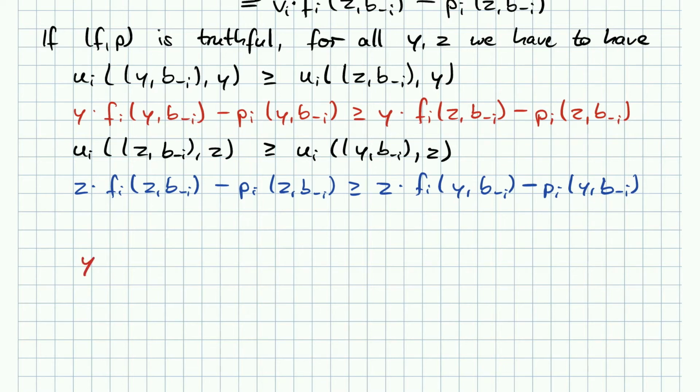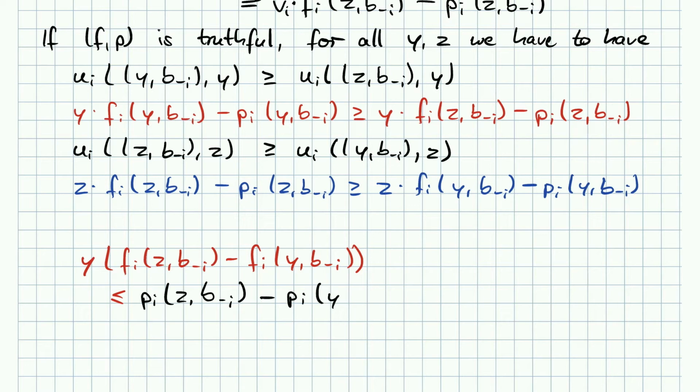y times fi of z comma b minus I minus fi of y comma b minus I. This is at most pi of z comma b minus I minus pi of y comma b minus I. This is all coming from the red part.